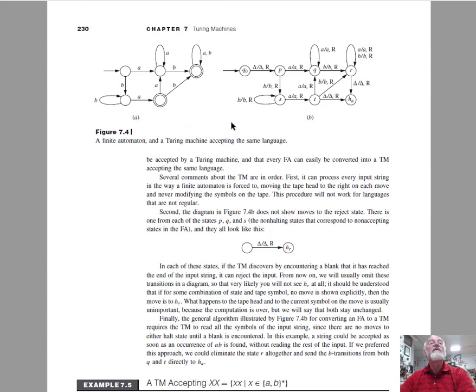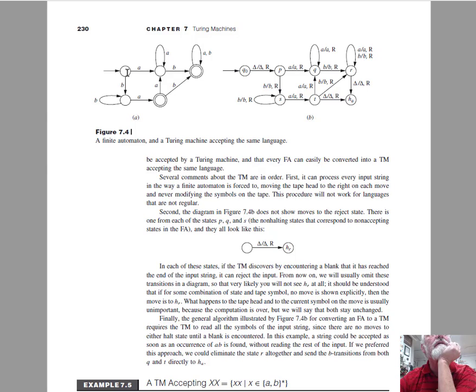Let's take a look at this transition diagram. This is how they indicate Q naught in the book for this finite automaton. Notice what's going on. I'm in Q naught. This is the FA, and this is the Turing machine equivalent.